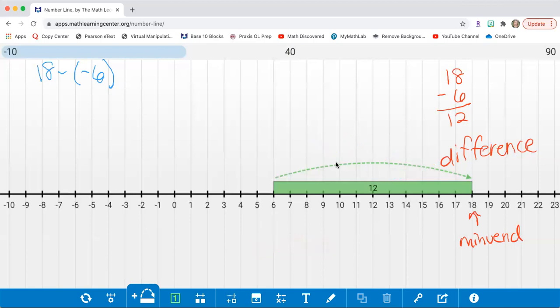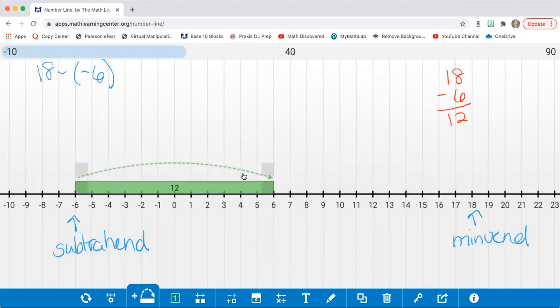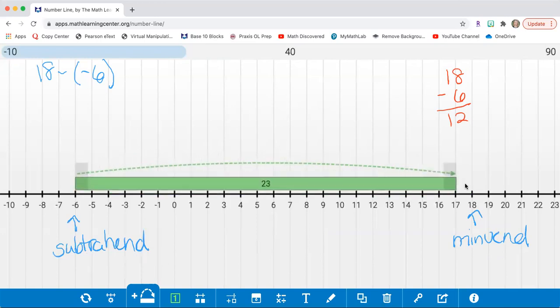And now let's see if we can apply these same ideas. So if we're thinking about 18 minus a negative 6, here's my 18, my minuend, but here is my negative 6, my subtrahend. And just like before, I'm going to count from my subtrahend up to my minuend.